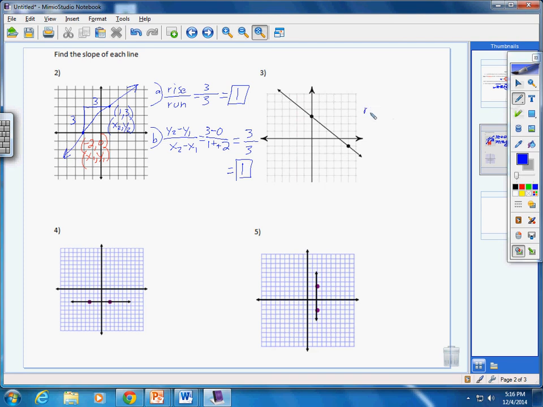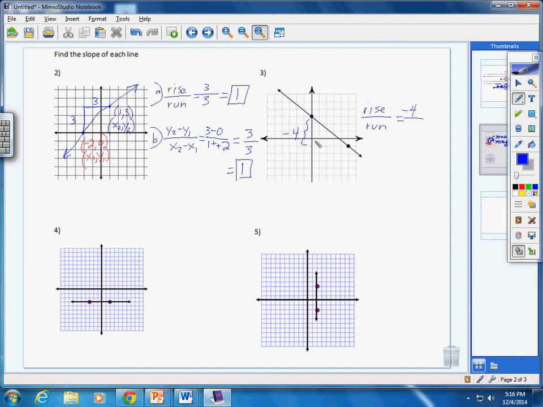So in order to find slope, I need to know the rise over the run of this line. If I start with this point right here, how much am I rising? 1, 2, 3, 4. Actually, I'm falling 4. And since we're falling, we say that's a negative 4 rise.